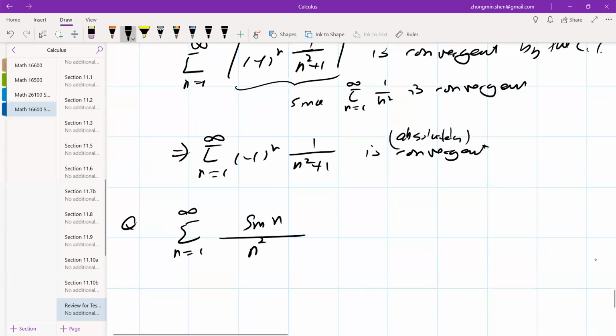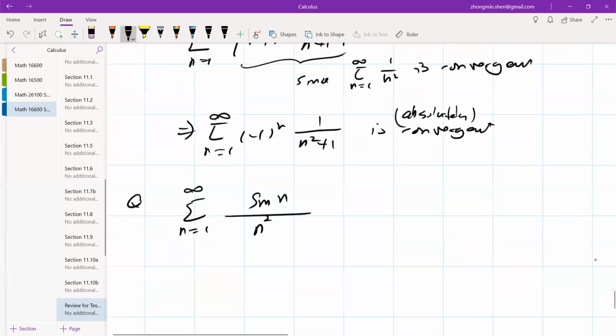What is your idea to check whether it's convergent? You cannot use the integral test, the ratio test, or the root test.